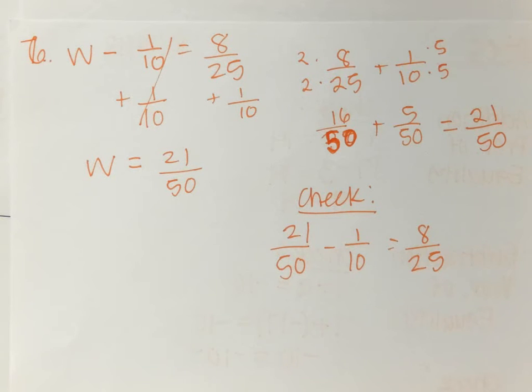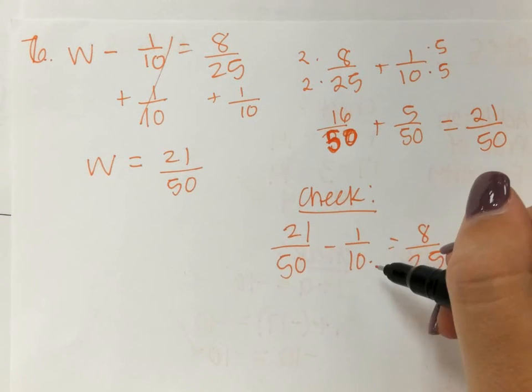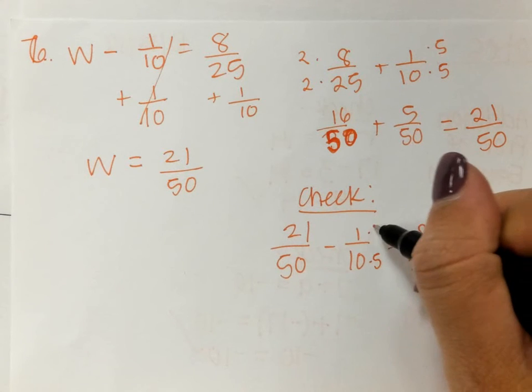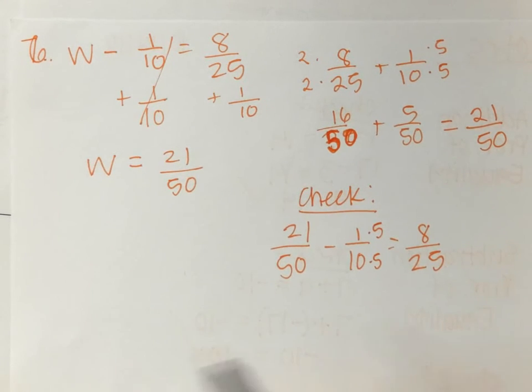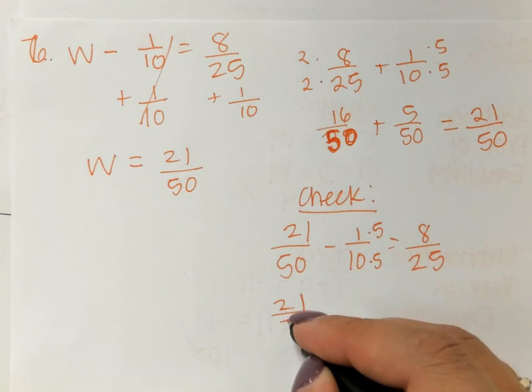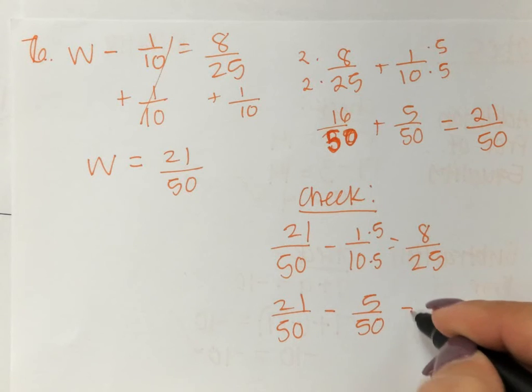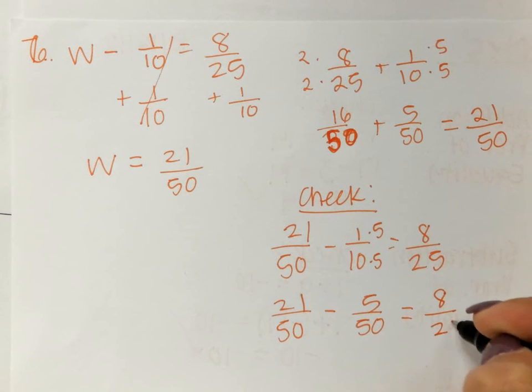We have got to know how to add and subtract fractions. If I'm adding or subtracting fractions, I have to have a common denominator. So that means I have to multiply my 1/10 by 5 so that I can get a common denominator of 50. So I have 21 over 50 minus 5 over 50, which should equal 8 over 25.